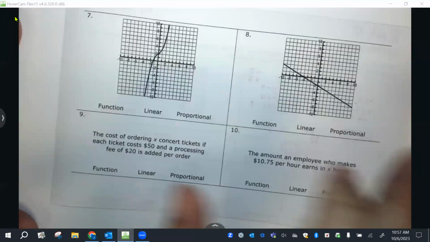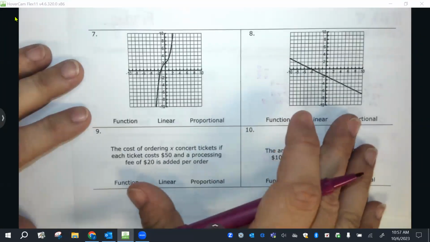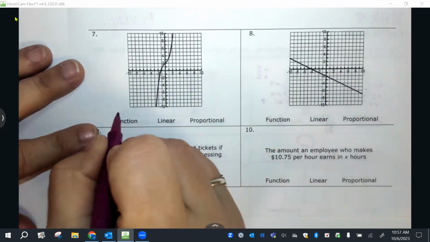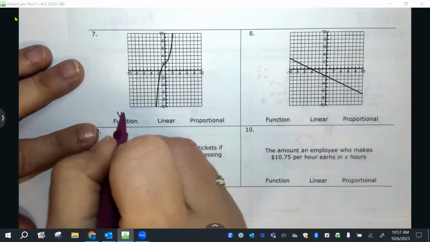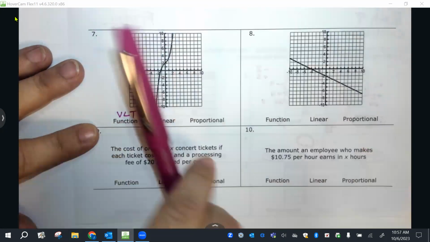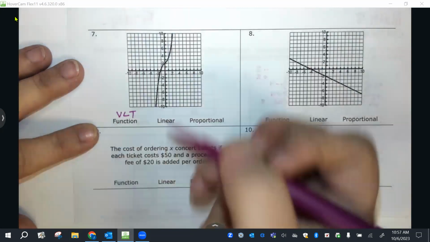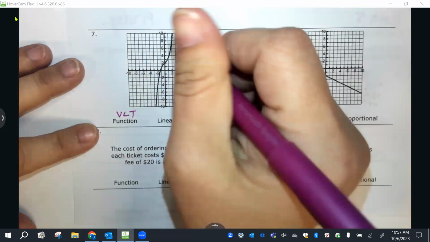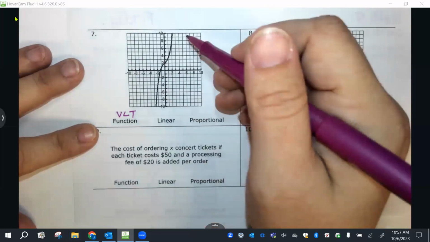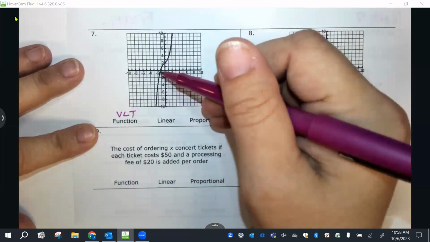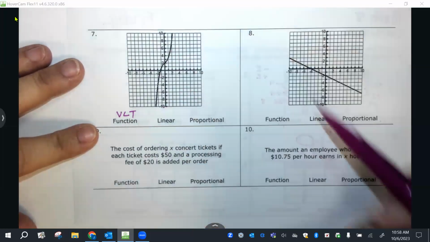All right, let's skip to number 7. Function. Remember, to be a function on a graph, you have to pass the vertical line test. So if I put my pencil down, or if I drew a bunch of vertical lines, would it pass? In this case, as I draw vertical lines, there's no spot where my line would touch this black line more than one time.